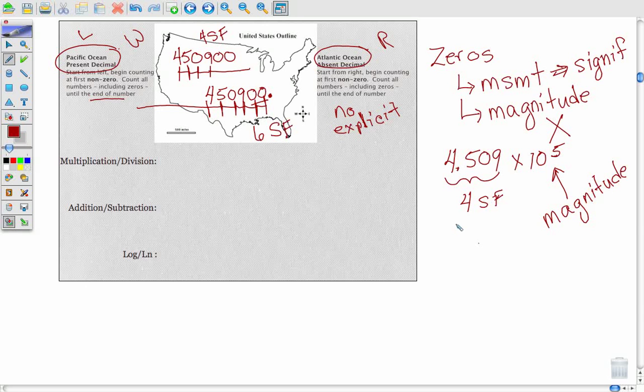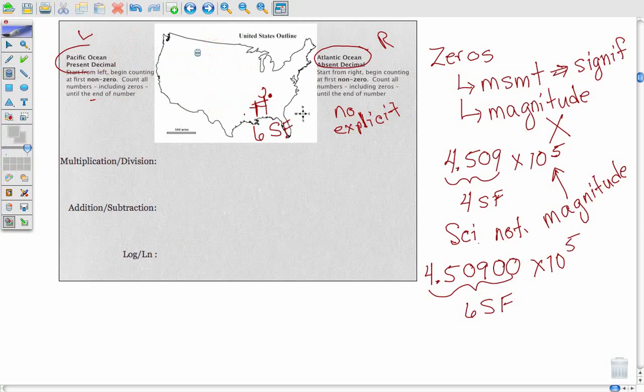So every number in front, if we use scientific notation, is significant. Now, if I had to write that second number, I would write 4.50900 times 10 to the 5th. Again, indicating what we'd already figured out is that we have 6 significant figures in that number.